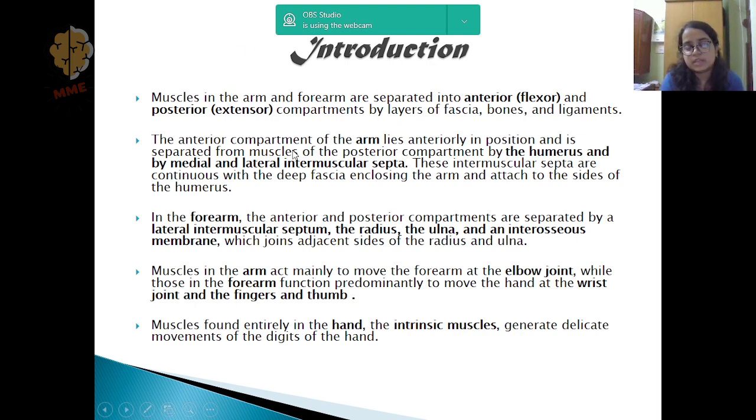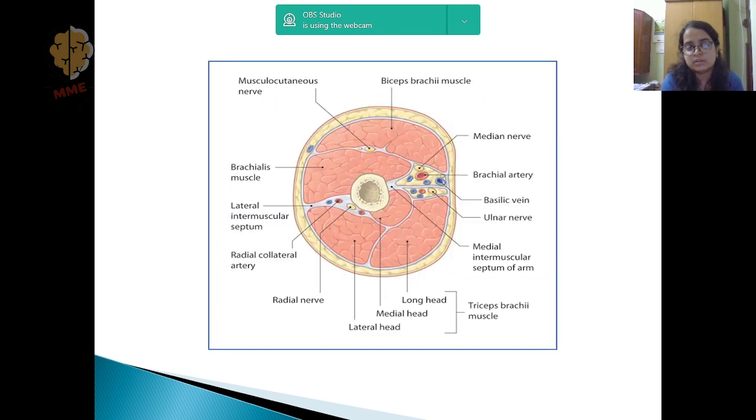Okay, basically the anterior compartment of the arm, I'll just shift to the next picture. This will be easier for you to understand. You can see that here there is a lateral intermuscular septum and here there is a medial intermuscular septum. This is the humerus. So the muscles that are present in front of this, we can say, comprise the anterior compartment.